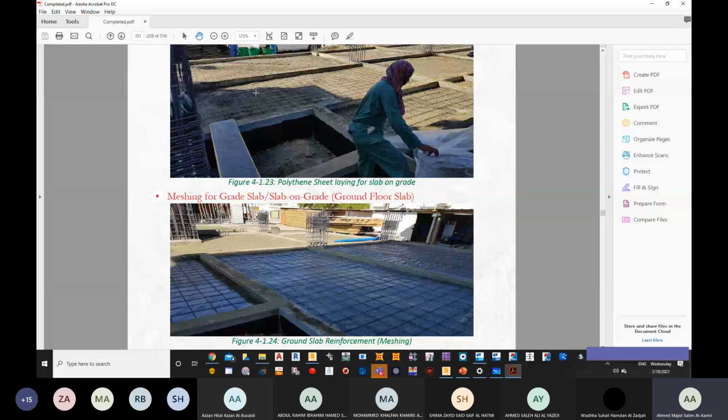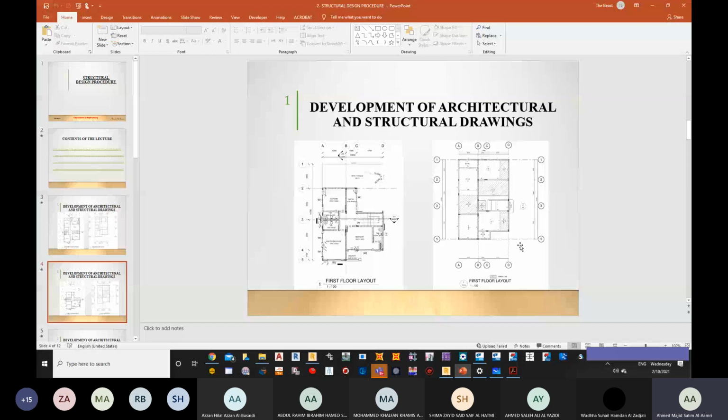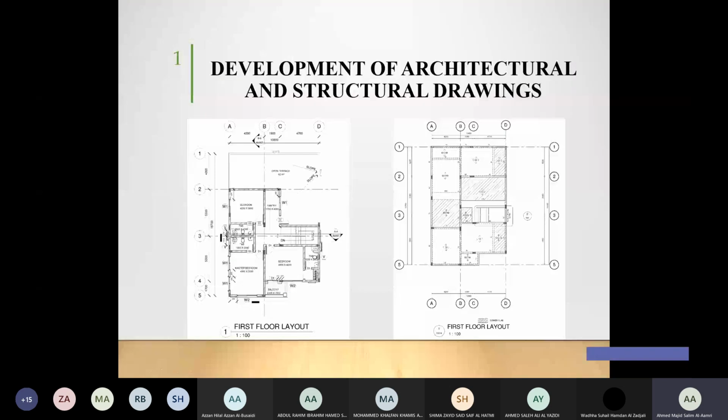Now, if we go to the other level, if we go to the first floor, are we seeing that the slabs are suspended for the first floor? Your roof, is it suspended? Do you have soil beneath the slab?